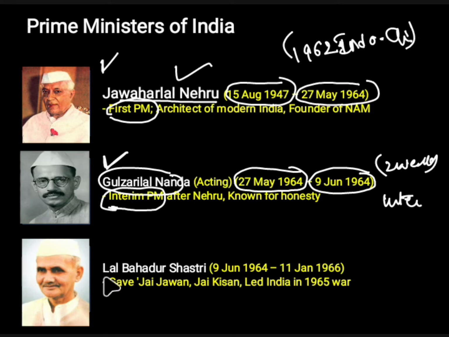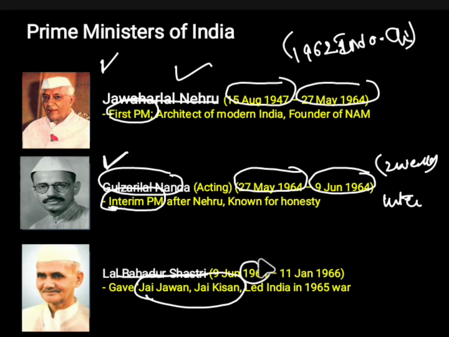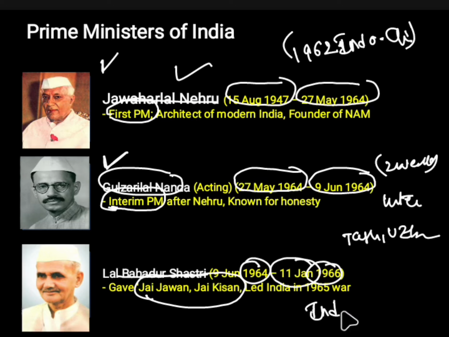And the third Prime Minister, his name is Lal Bahadur Shastri, and he gave the famous slogan Jai Jawan, Jai Kisan, and he served as Prime Minister from 1964 to 1966, and he died in office on 11th January in Tashkent, Uzbekistan. And during his tenure, the Indo-Pak War happened in the year 1965.